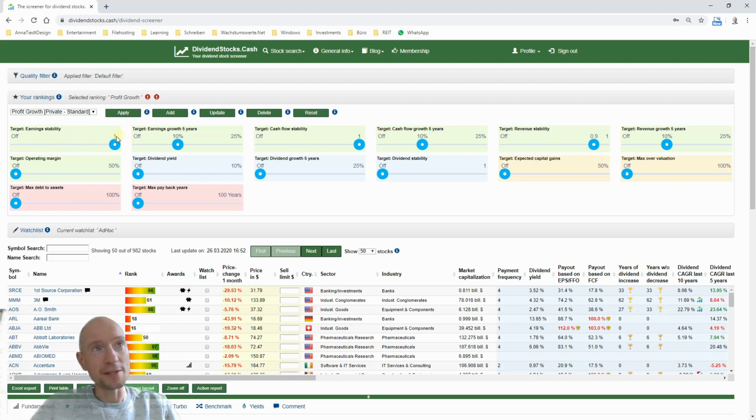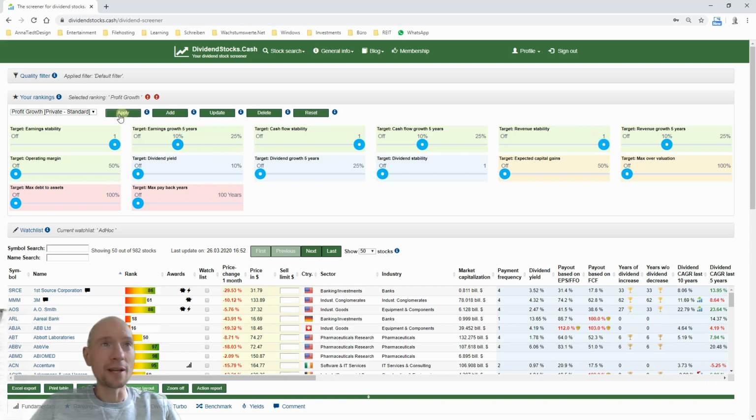This represents the stability, and then we need the angle, the growth angle of this ruler. And this is the growth rate, always related to the last 5 years. And that's basically the same, just related to operating cash flows. And again once more the same, just related to sales or total revenues.